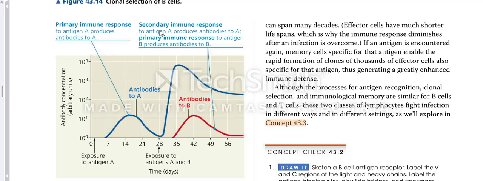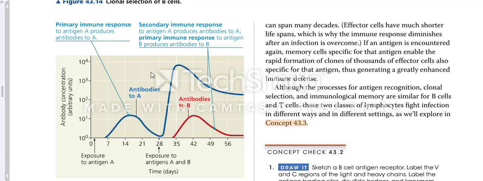Here it shows a comparative result: a secondary immune response to antigen A produces 10 to the power of 4 times greater amount of antibodies. Again, it's arbitrary units. It's just a concept visualization that in the primary response you have a low concentration, and upon secondary response you have a much larger concentration.